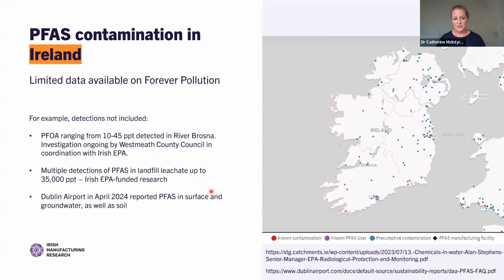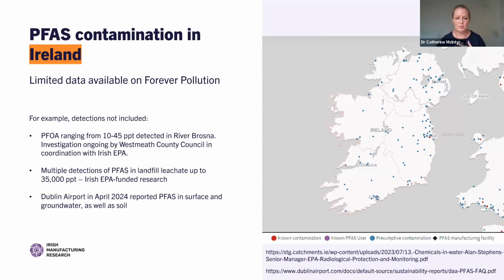The Irish EPA funded research into landfill leachate and found concentrations of PFAS up to 35,000 parts per trillion. So it is out there. It is getting into the waterways. And then there's Dublin Airport this year. Obviously they will have firefighting foams and will have done training exercises as well.